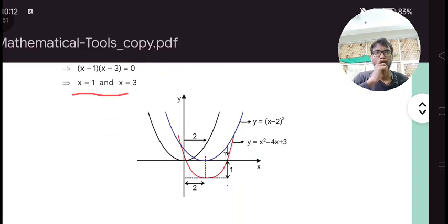So what is happening over here? This y is equal to (x minus 2) raised to power 2.